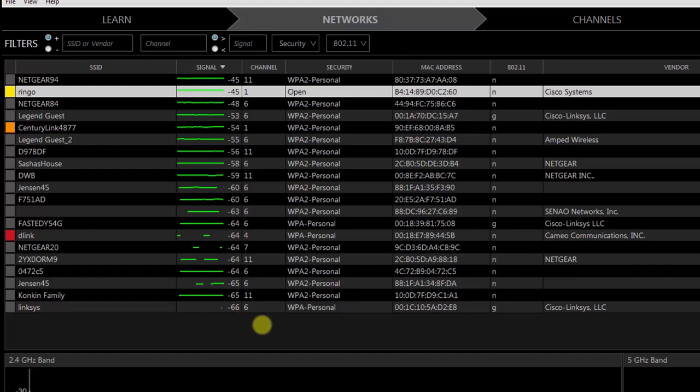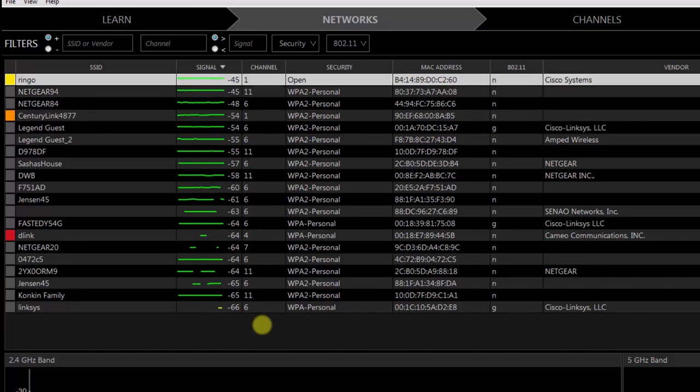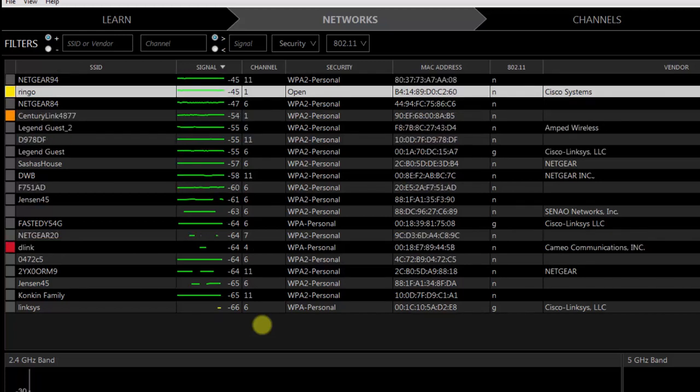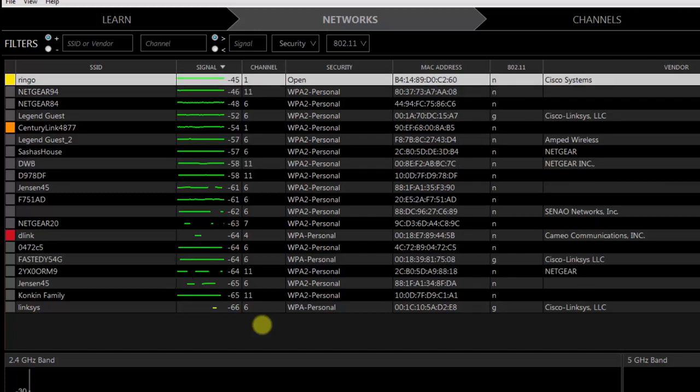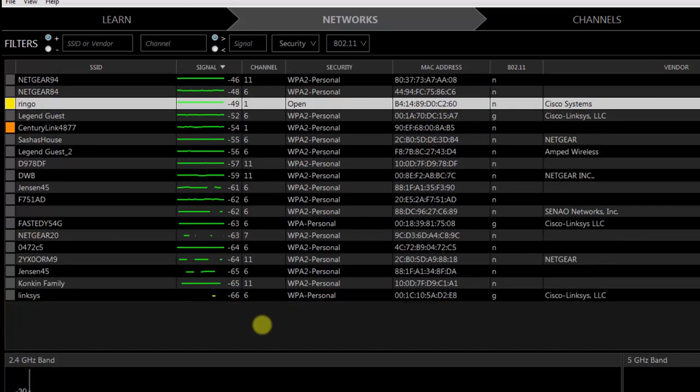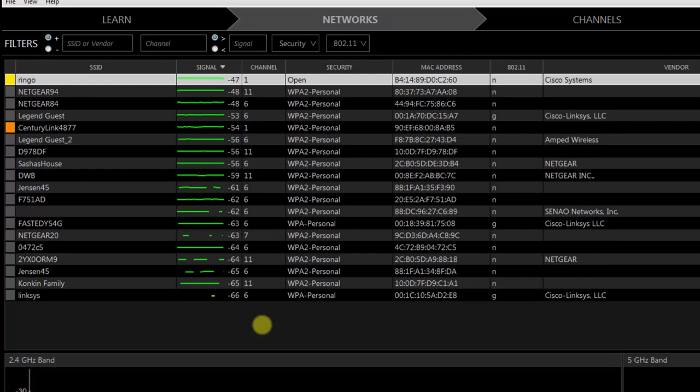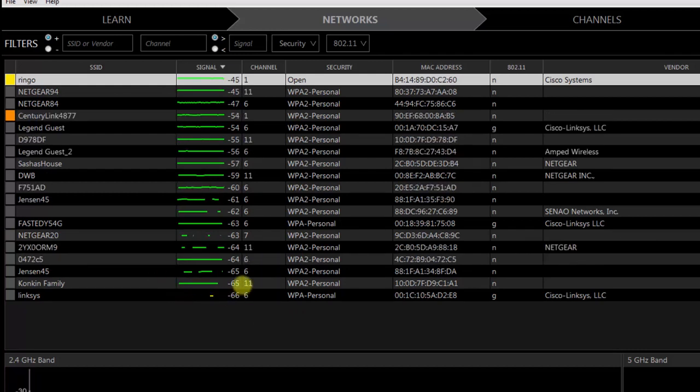The reason I'm telling you about signal strength is you're going to say, okay, 2 of these are my access points, but what are the rest of them? Either they belong to a neighbor or they could be a rogue access point. If they have a high signal strength, then they're very close to you. If they have a low signal strength, or a high number, then they're far away from you.